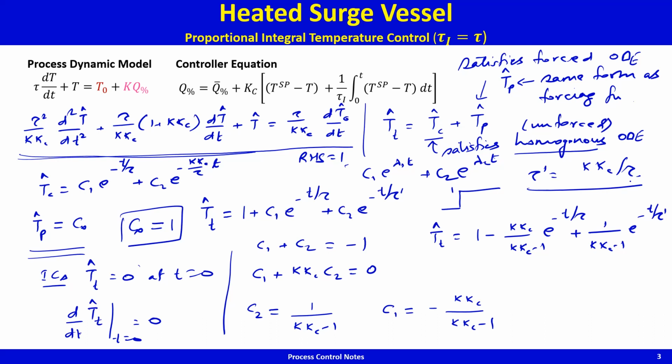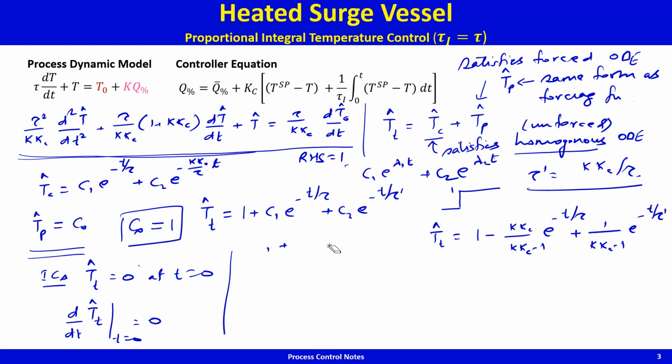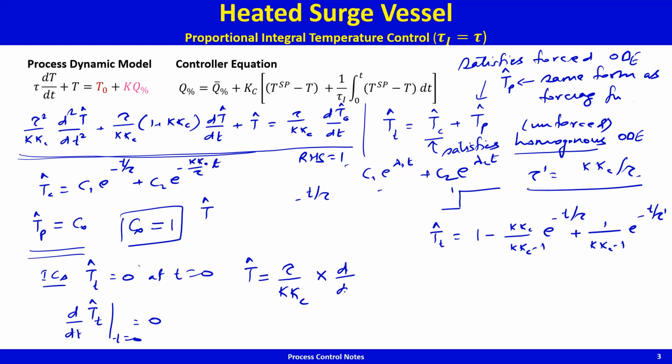This is for a unit forcing, but if I am doing tau by kc times the derivative, then the actual response t tilde actual is going to be tau by kc multiplied by the derivative of the right hand side of this equation.